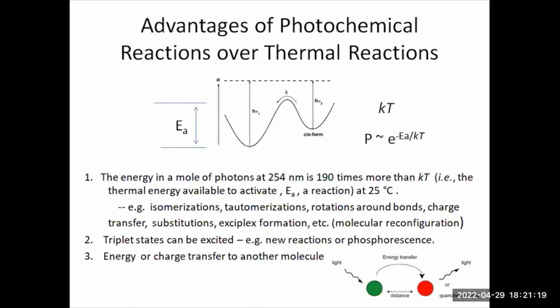So what are some of the advantages of photochemical reactions over thermal reactions? Well, for thermal reactions, we have an energy available in the solvent, let's say the molecule in a solvent, which goes basically as k, the Boltzmann constant, times temperature. But sometimes, for example between different configurations of the molecules or different products, we have a very large activation energy.